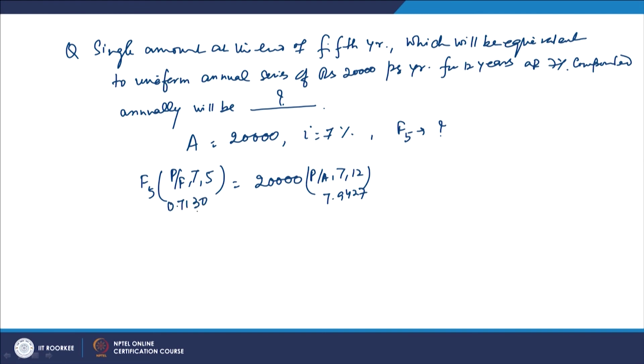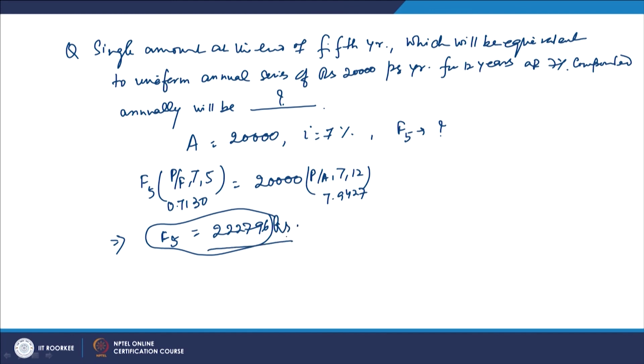If you solve, other things are known. So, F5 if you calculate, it is 20,000 times that, and it will come as 22279.6. That is how you get its value.